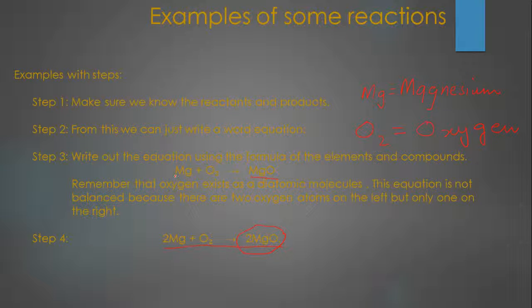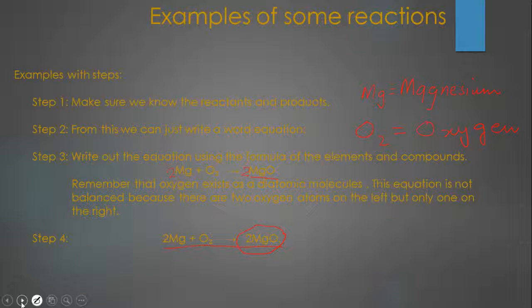So if you multiply MgO by 2, Mg becomes 2, and O becomes 2 also. So O is balanced, but Mg is not balanced. What should we do to balance Mg? We simply multiply Mg by 2, so it becomes 2 Mg, and it's balanced.